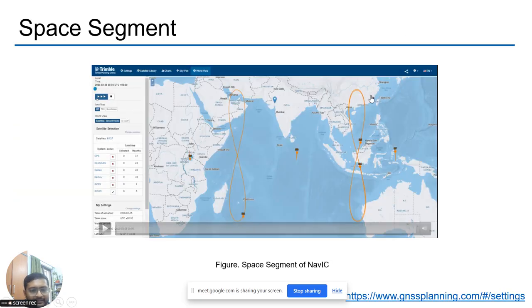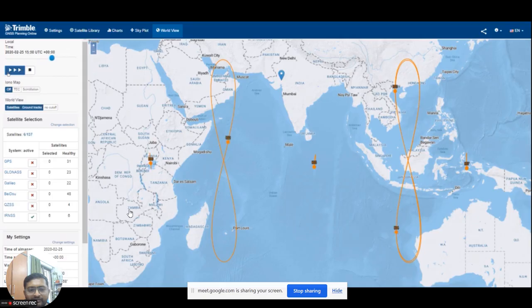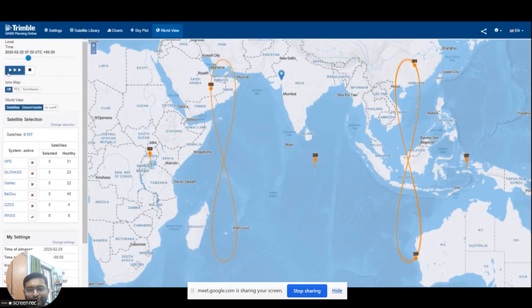After that, this is how the satellite moves. You can see these geosynchronous satellites are moving, whereas geostationary satellites are more or less at similar locations only.